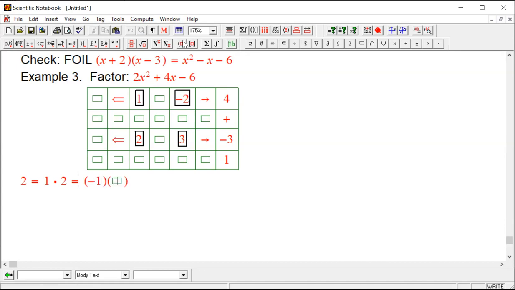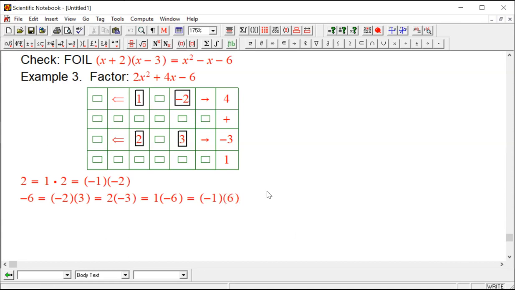And -6 has all of these different ways of factoring: -2 times 3, 2 times -3, 1 times -6, or -1 times 6.